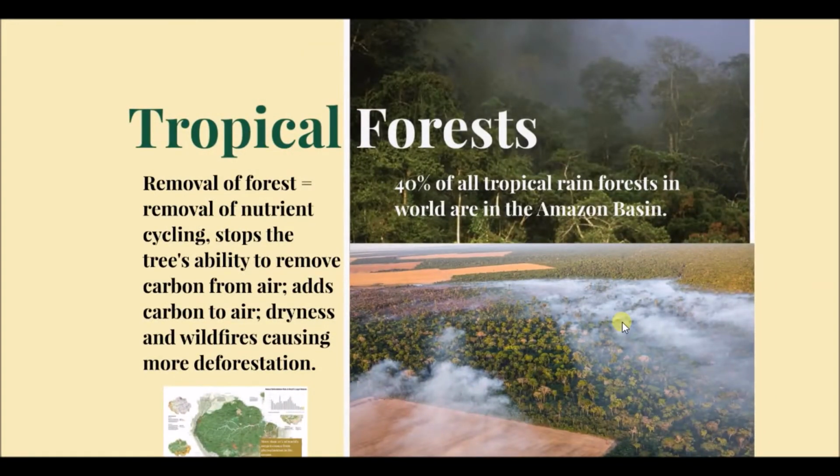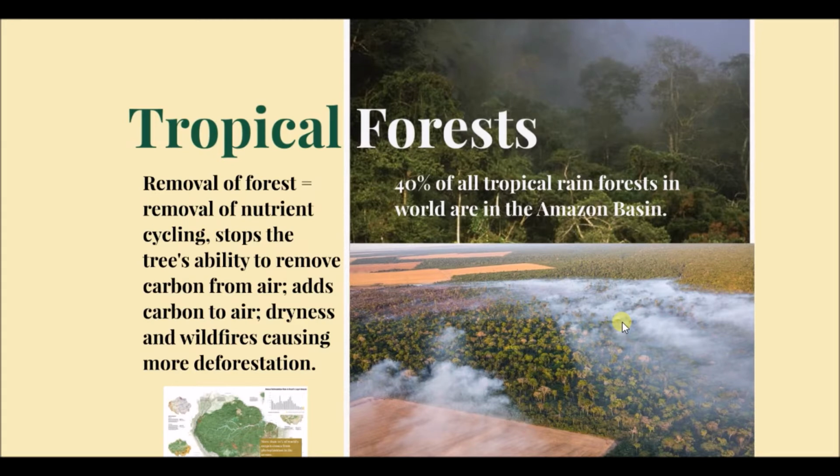When we remove the forest, we're also removing that nutrient cycling that we talked about. So specifically, rainforests don't make for very good farmland because that nutrient cycling process is no longer there. But it also stops the tree's ability to remove carbon dioxide from the air, stopping that carbon sink. And when the trees die, it's actually adding carbon to the air, especially if we do a controlled burn where we are slashing and burning the forest very rapidly.